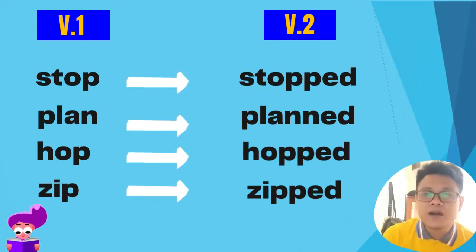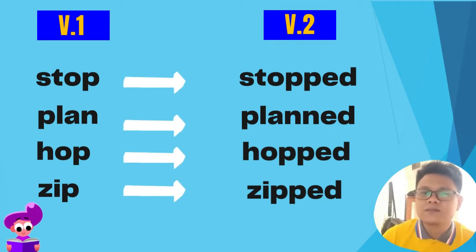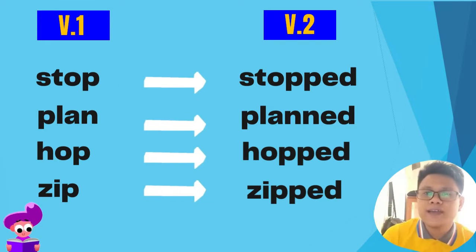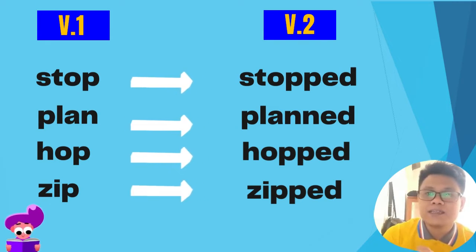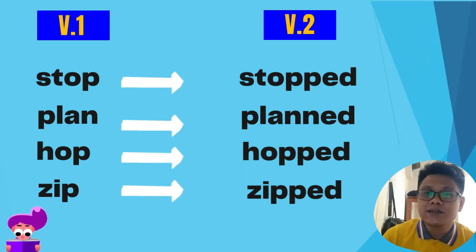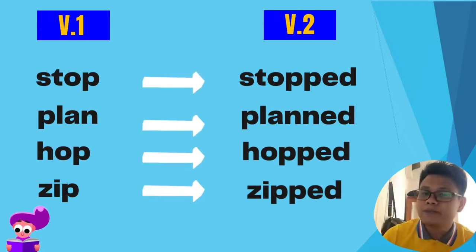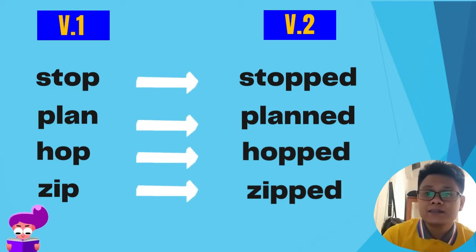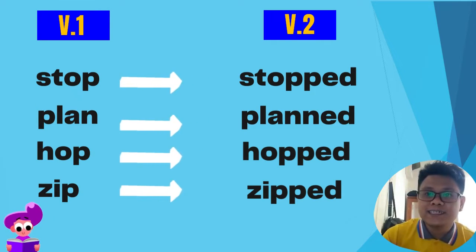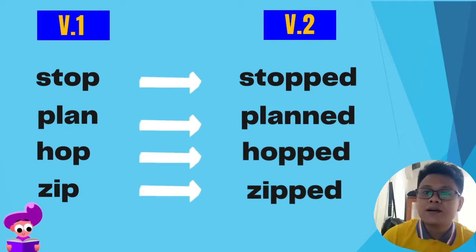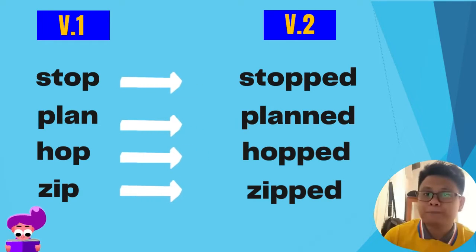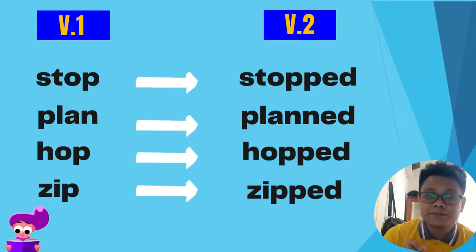Number 1 is stop, stopped. We add letter P and ed. Number 2, plan, planned. We add N and ed. Hop, hopped. Again, hop, hopped. Zip, zipped.